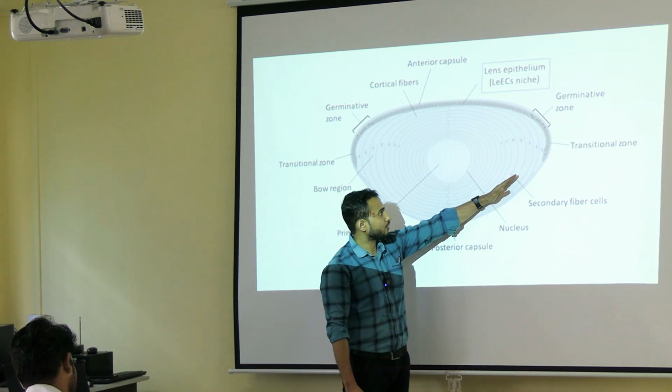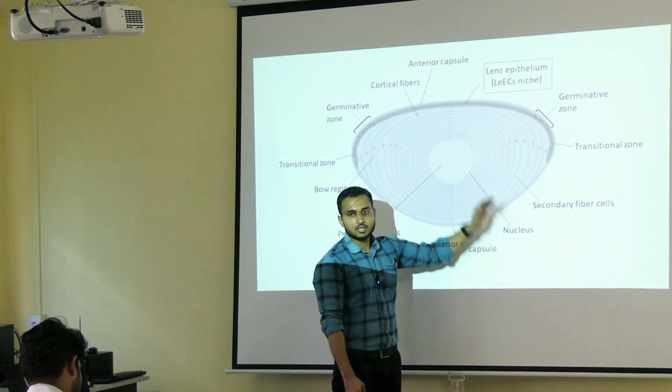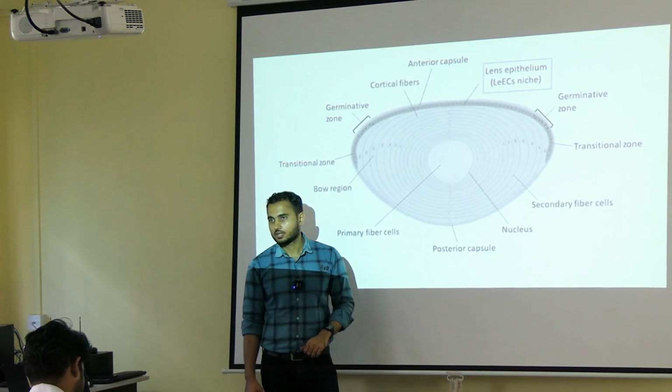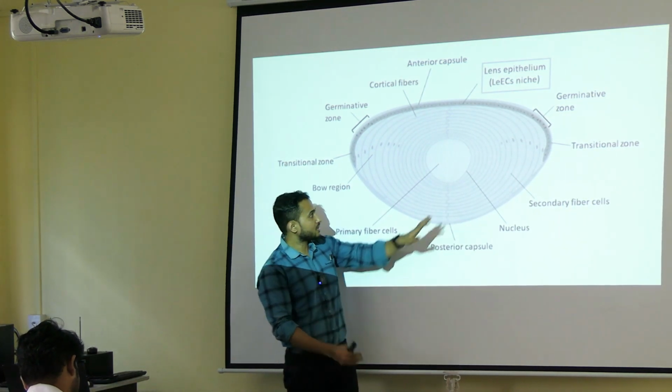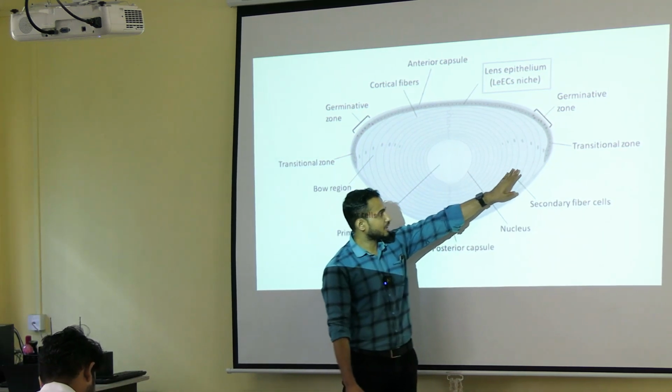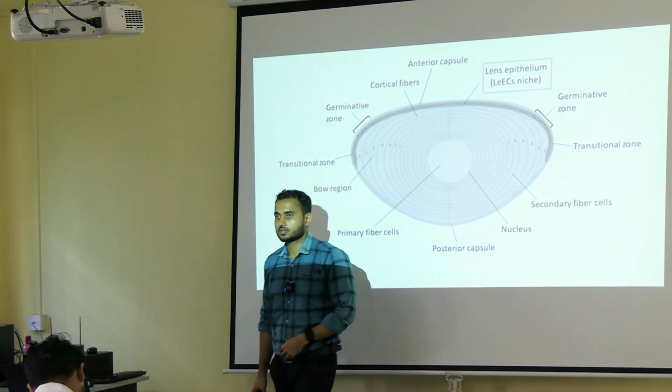As the fibers are formed, they are pushed towards the center of the lens. Here you can see these are the older fibers and these are the secondary or new fibers.